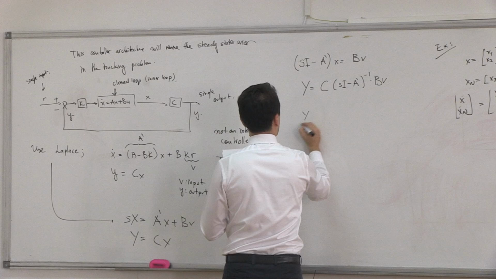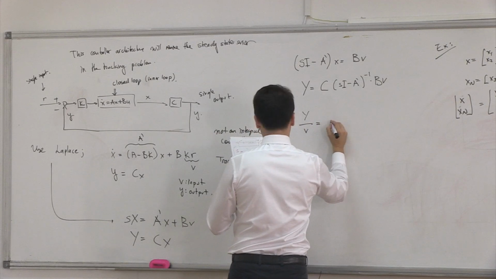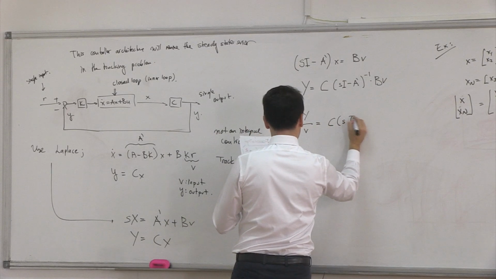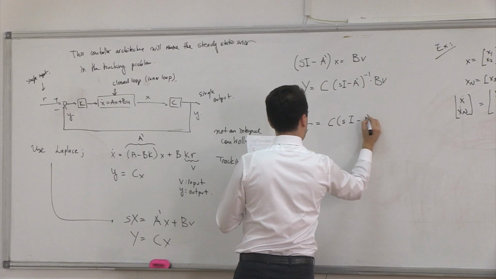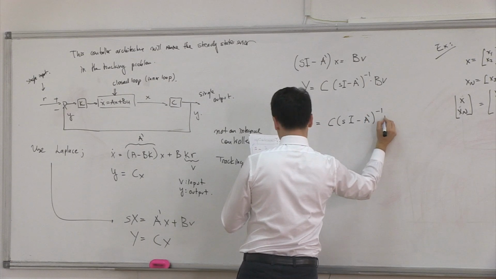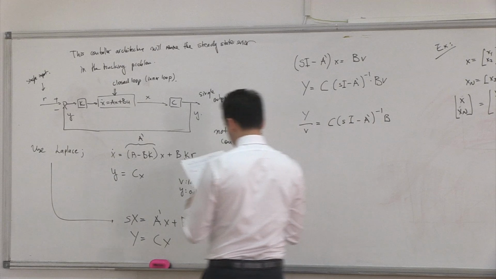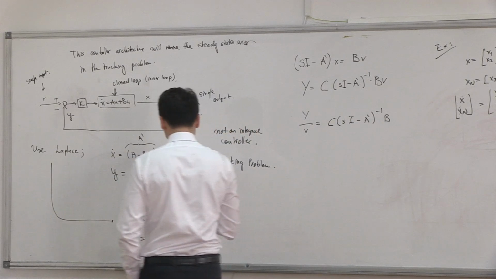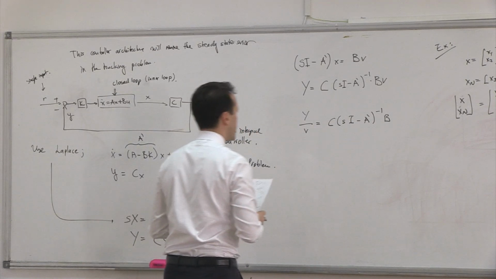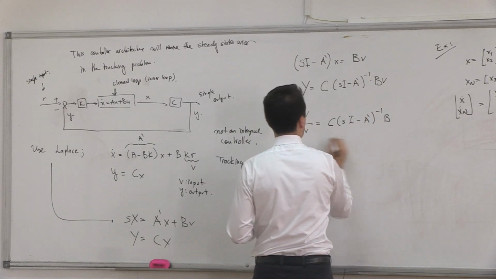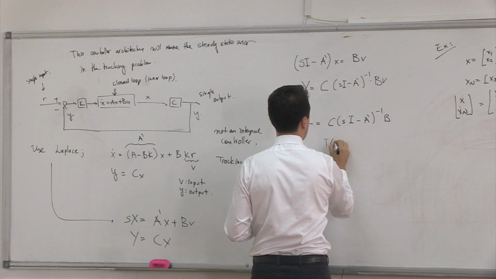So Y divided by V will be equal to C times (sI minus A prime) inverse times B. And this one we will call a transfer function.